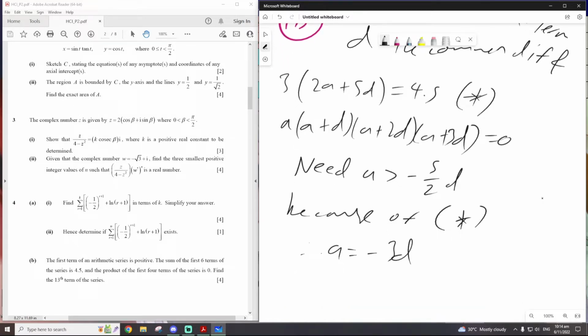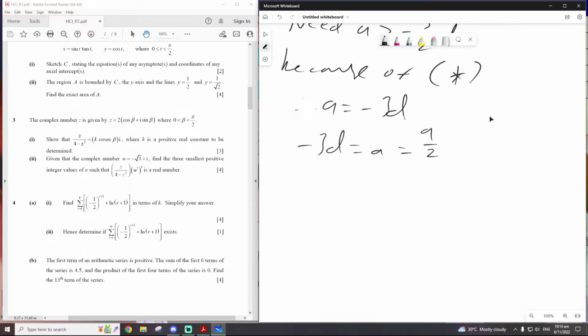Okay, and therefore we can sub this back in, so we get negative 3d, or rather we can sub this in to get a equals 9 over 2, and the common difference is negative 3 over 2.